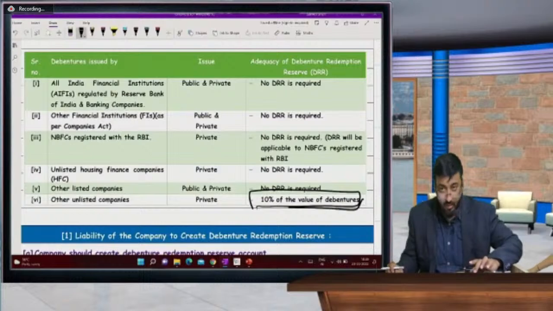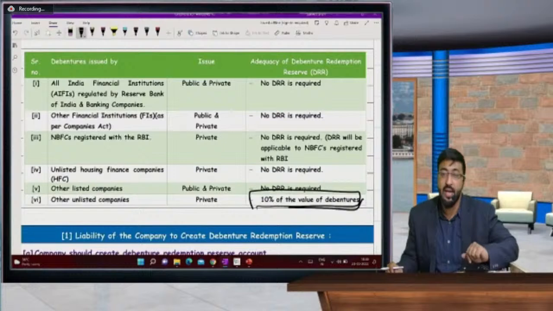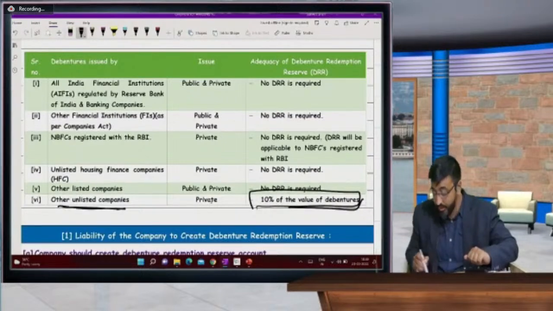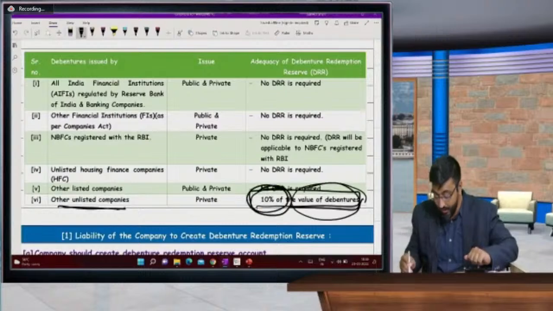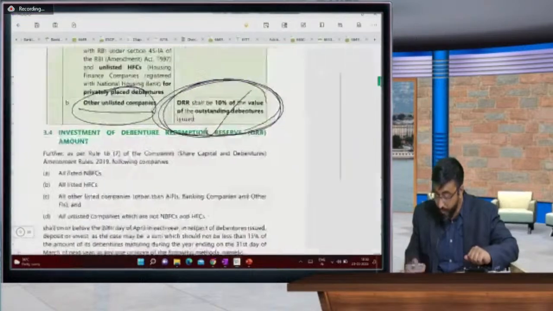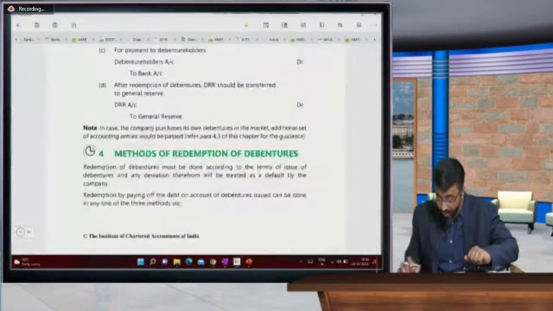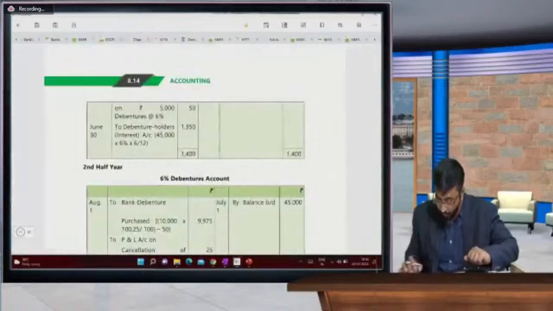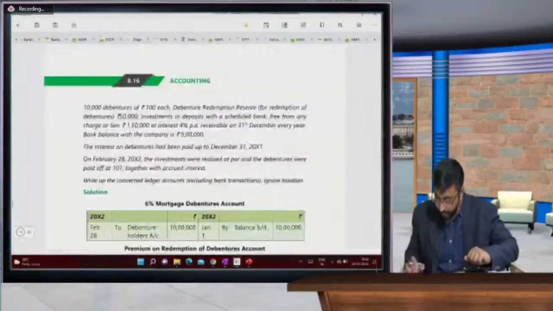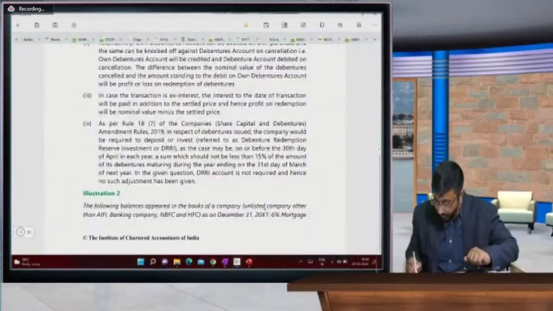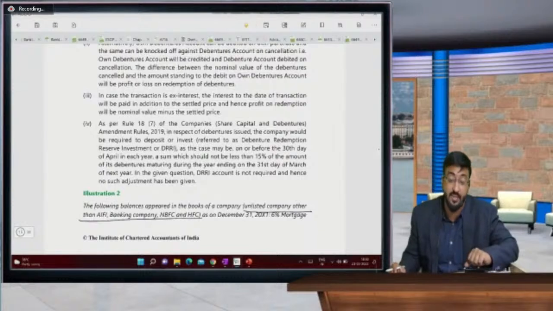Okay. Now see beta, in exam you will get the question on DRR, what is the percentage, and this is only in case of... so every question of ICI, whenever you will get the question on DRR, you can check here. You will get the question for unlisted company other than AIFI, banking and NBFC, HFC.